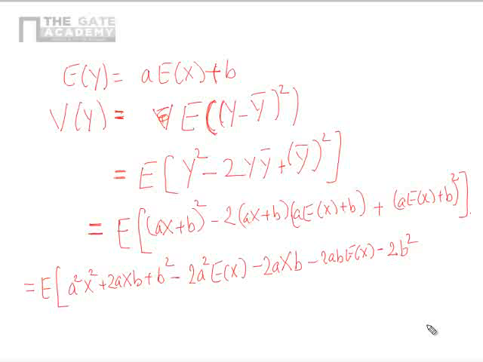Correct? Then plus this part I have to expand now. That will give me a square E of x square. Correct?